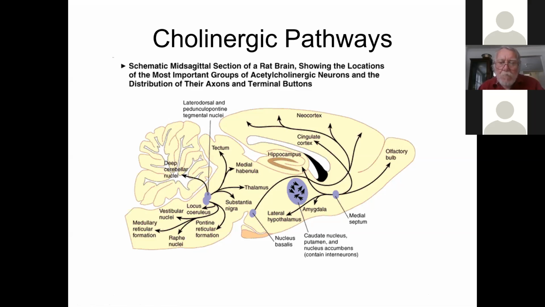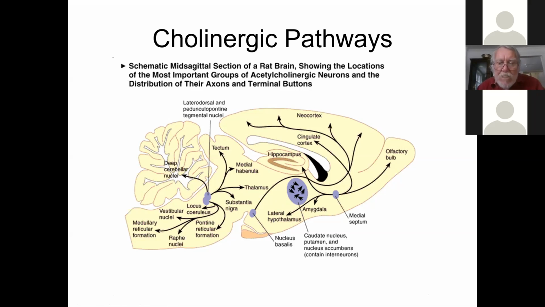The first two areas I'd like to talk about are the nucleus basalis and the medial septum. Both of these are cholinergic containing. They're a tight set of cells.